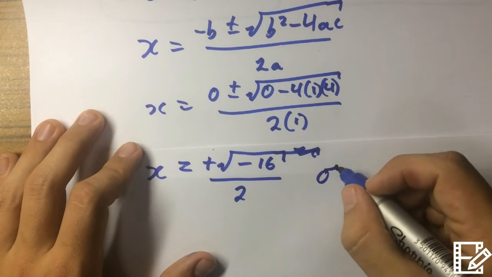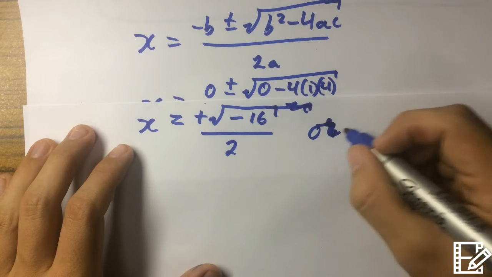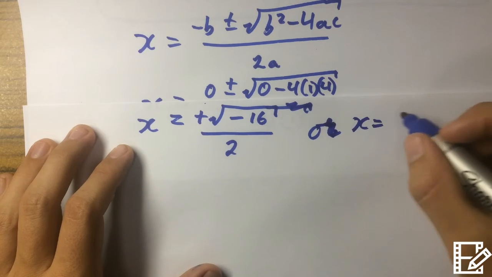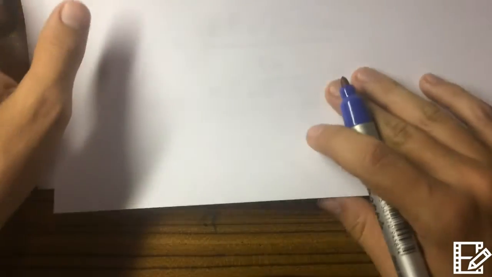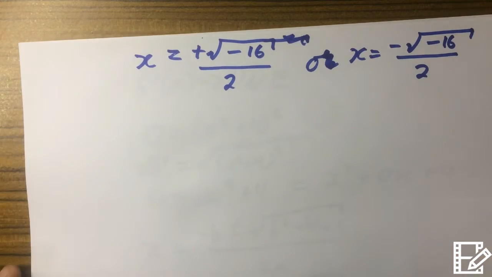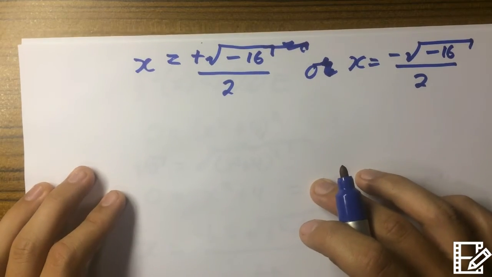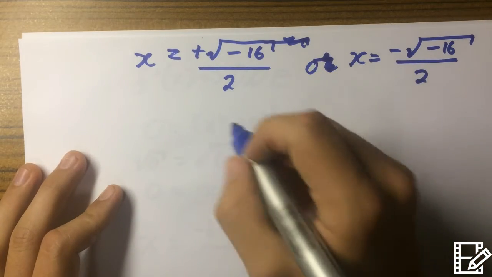And the other one, you write your or, x equals negative the square root of negative 16 on 2. Now you're sort of thinking, well, hopefully you're thinking, unless you know how to do it, you can't square root a negative. So, use imaginary numbers.